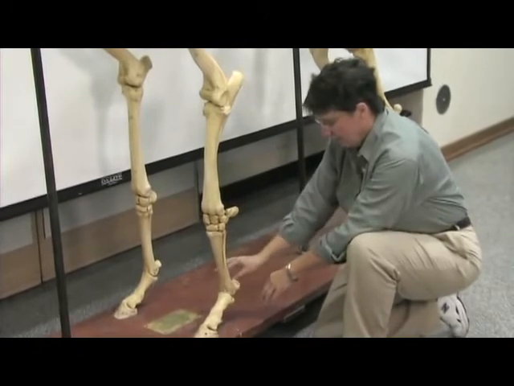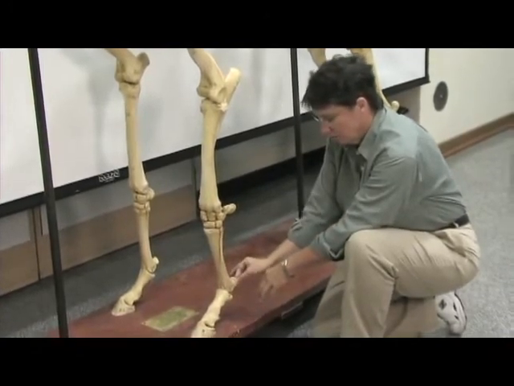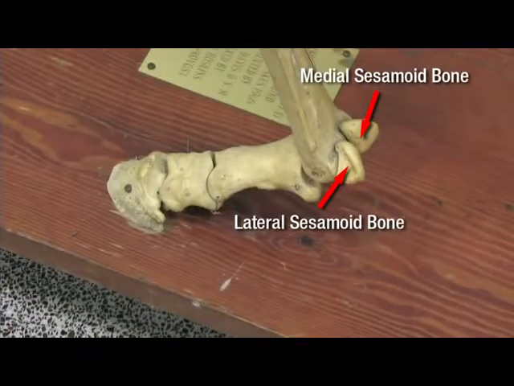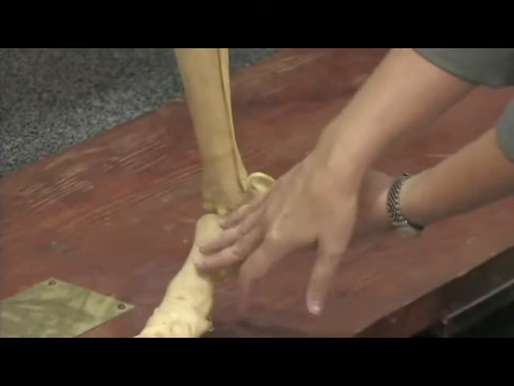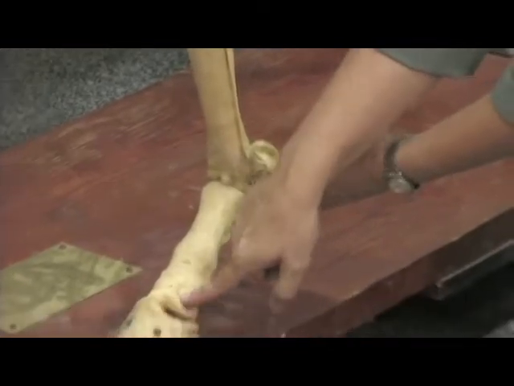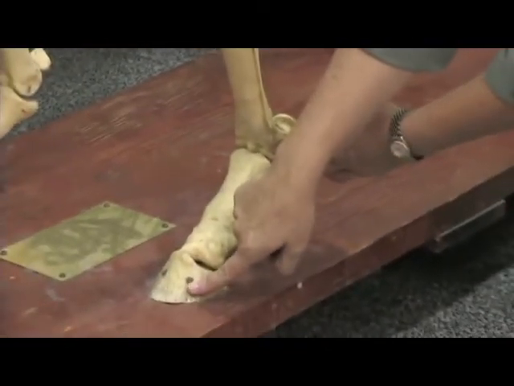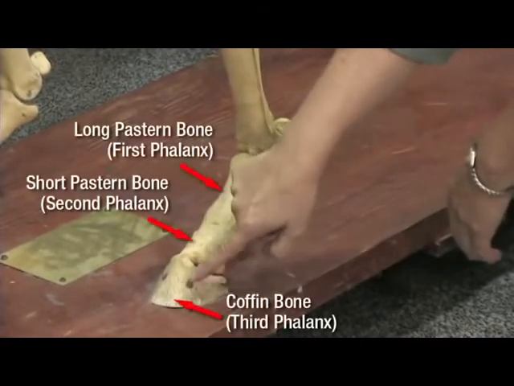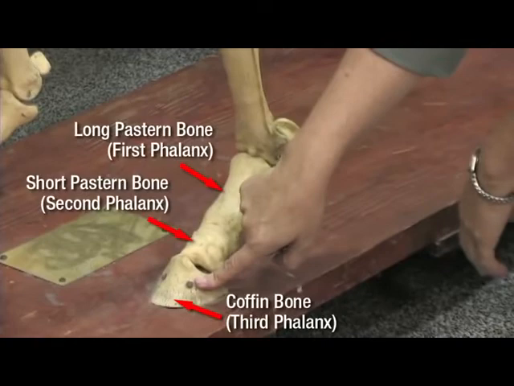Again, going south, we have two sesamoid bones, the medial and the lateral sesamoid bone. And what we generally know is the long pastern bone, the short pastern bone, and the coffin bone are actually the first, second, and third metacarpal bones in the horse.